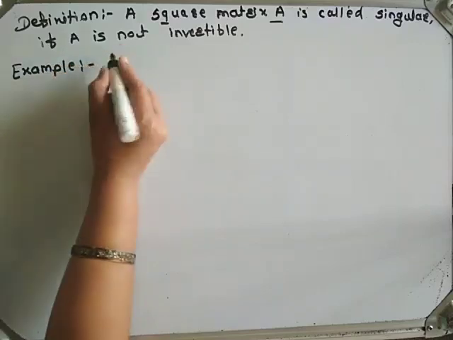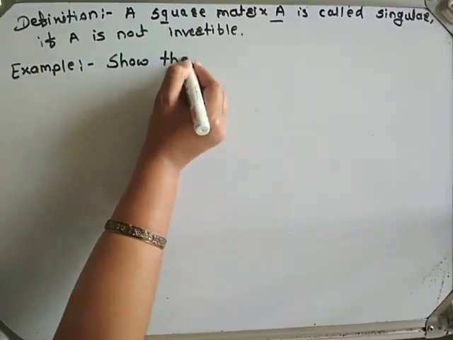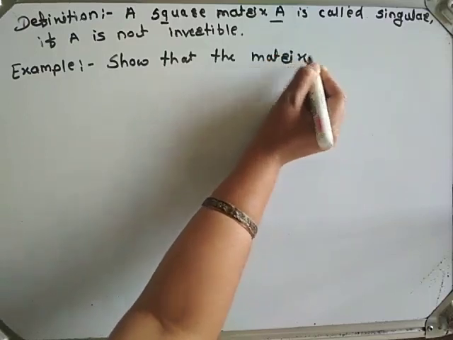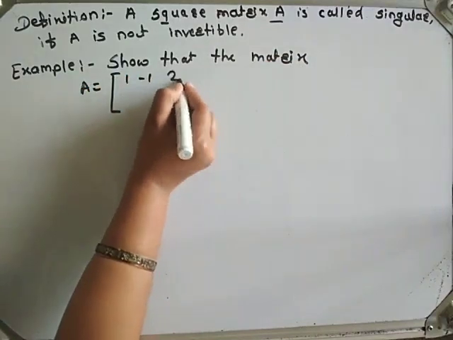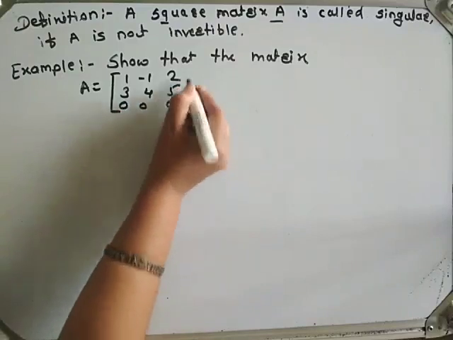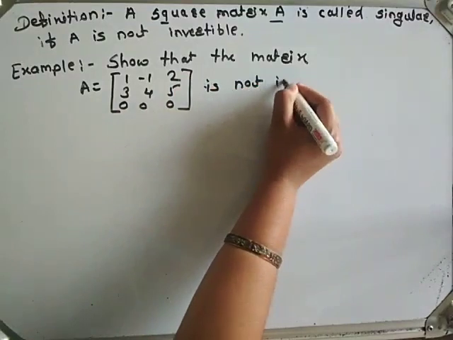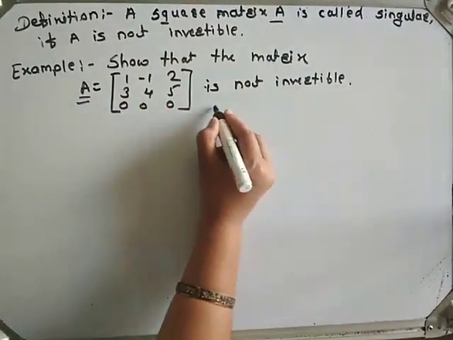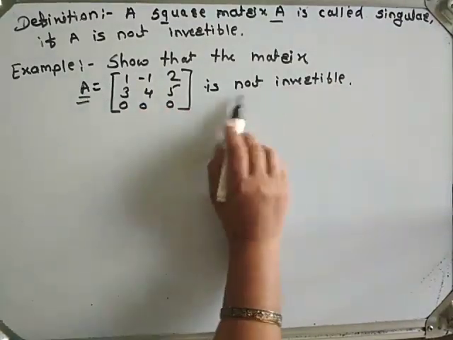Let us see one example. Show that the matrix A is equal to matrix 1, minus 1, 2, 3, 4, 5, 0, 0, 0 is not invertible. What we have to show is that this matrix A is not invertible.